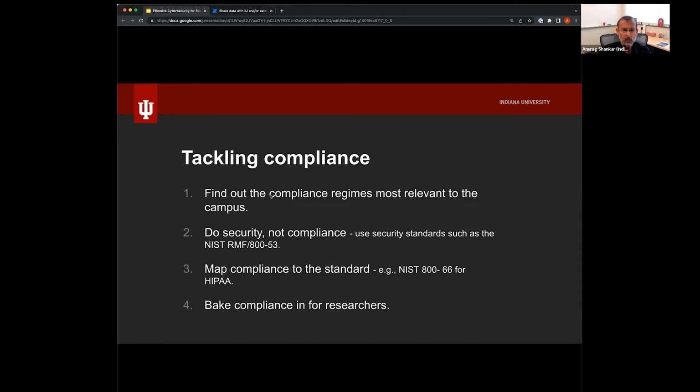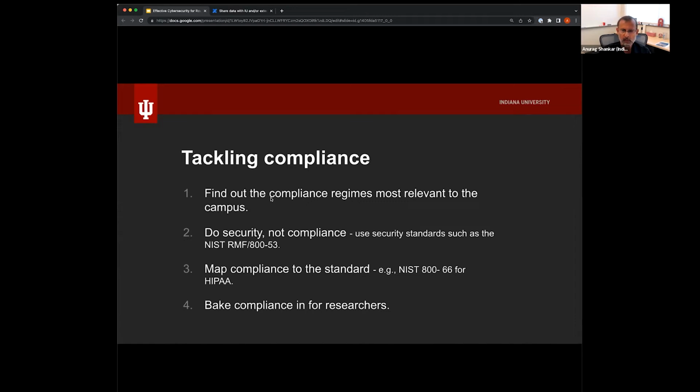And then the way we do it is basically we do security and compliance, by which I mean we align our systems with a standard, which in our case is the NIST Risk Management Framework, 800-53. That way we do security once and compliance often by mapping, whatever compliance regime it is, to the standard.